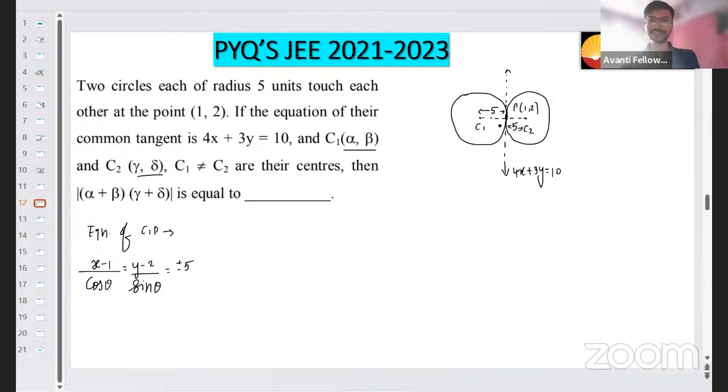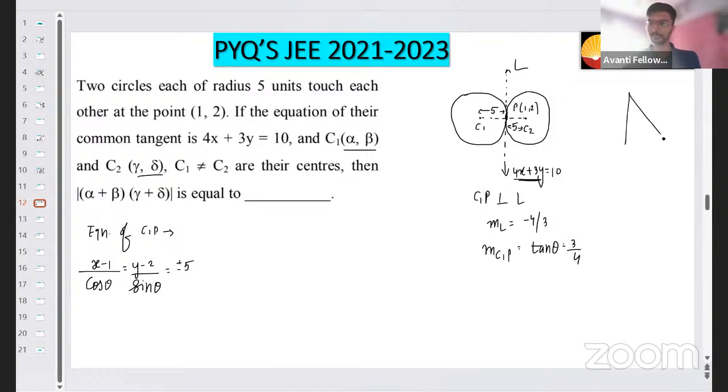Theta is inclination. As you can see, C1P is perpendicular to line L. And slope of the line L is minus 4 by 3. You can see from here. So slope of C1P, which is tan theta, will be equals to 3 by 4.